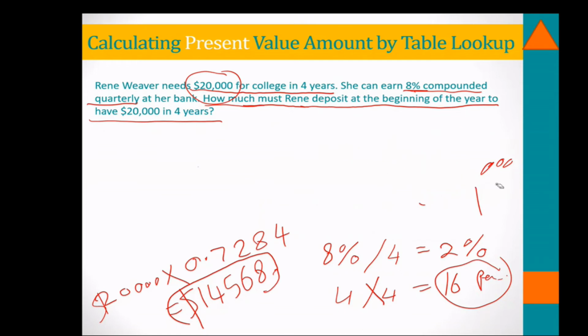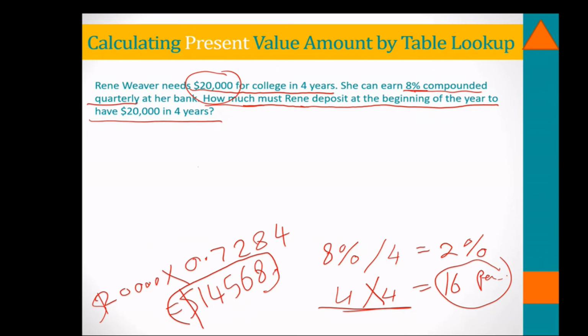Excuse me, doctor. Yes. The period you multiplied 4 by 4. Yes, 4 years multiplied by 4 as a quarter, 4 times a year. What if the question says she can earn 8% compounded semi-annually?